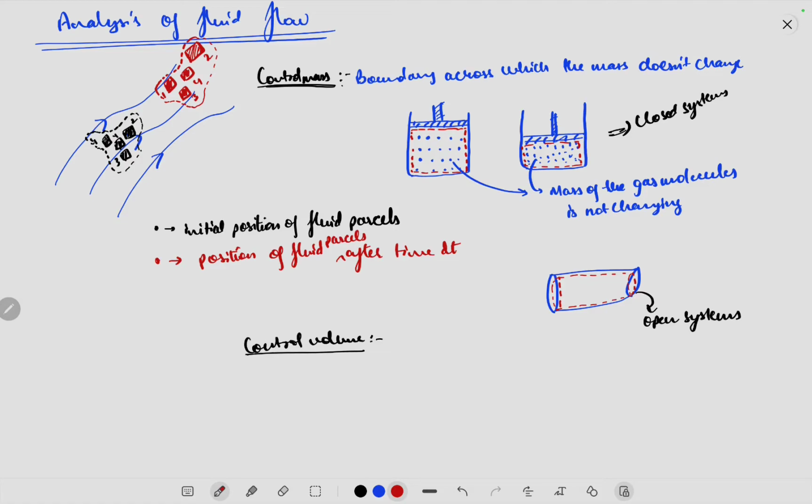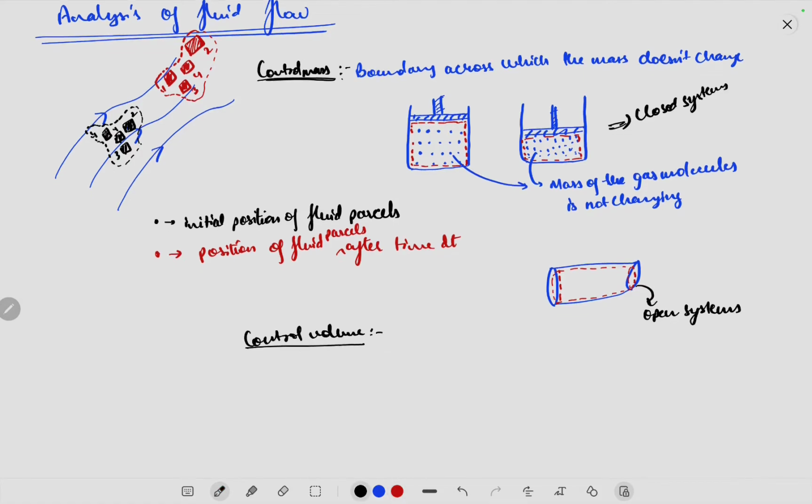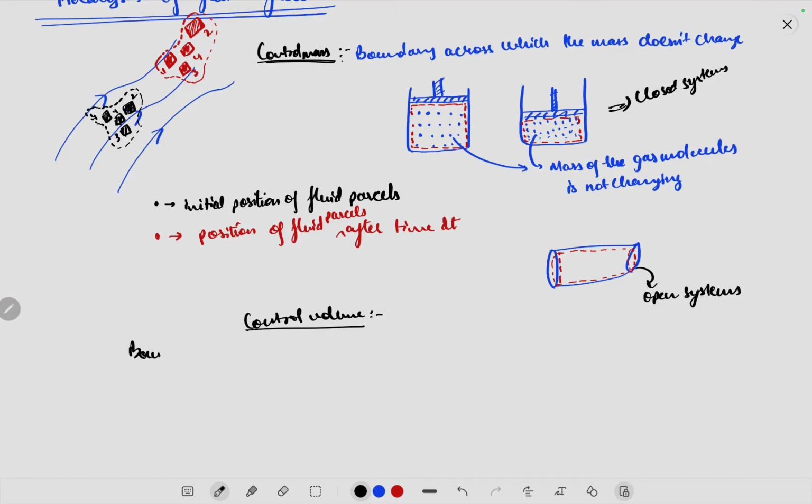Okay, so this control volume is nothing but a boundary across which mass, momentum or energy can flow or pass.